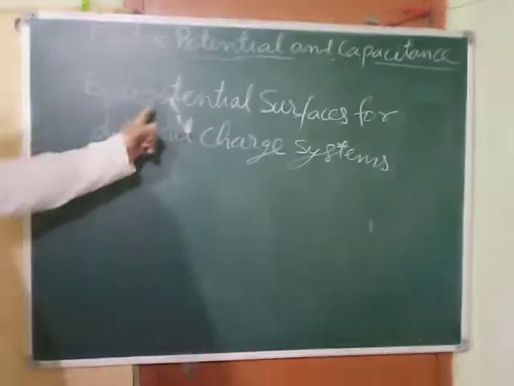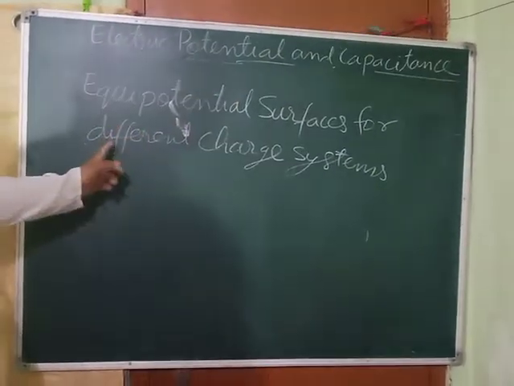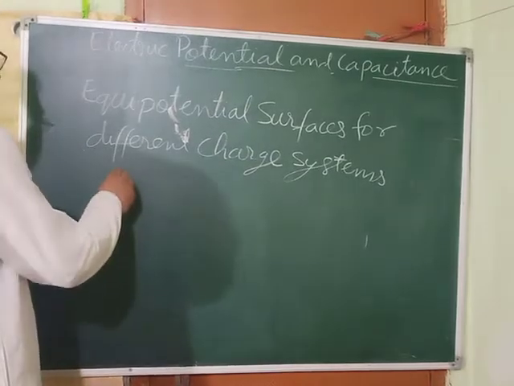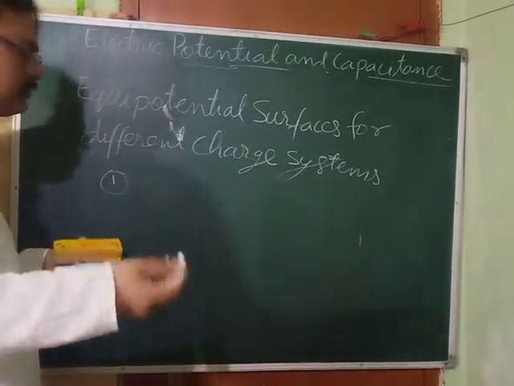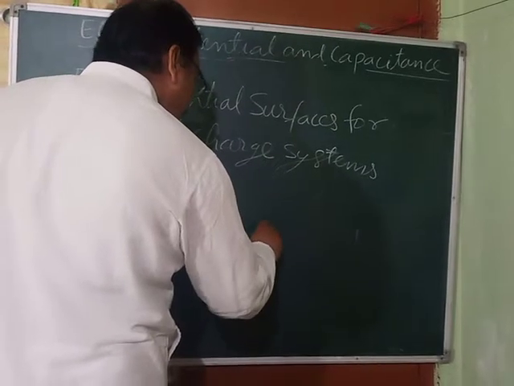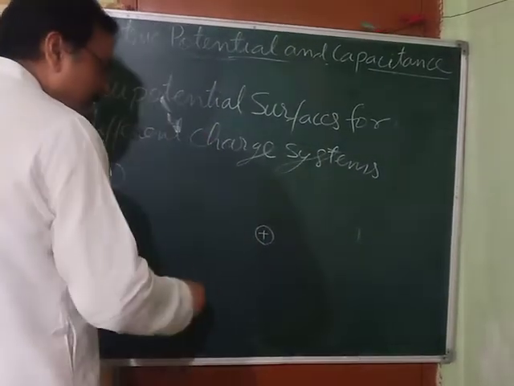Next heading is equipotential surfaces for different charge systems. So first we have to draw equipotential surfaces for different charge systems. Now if you are taking a positive charge first, a small positive charge, what will happen?